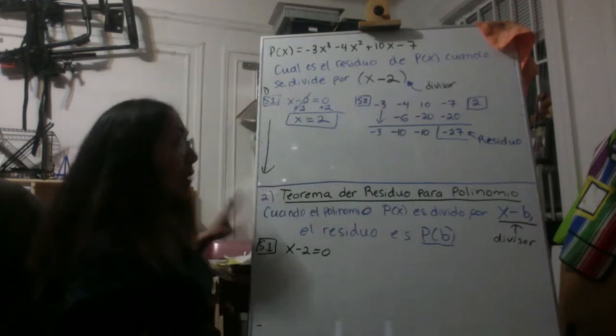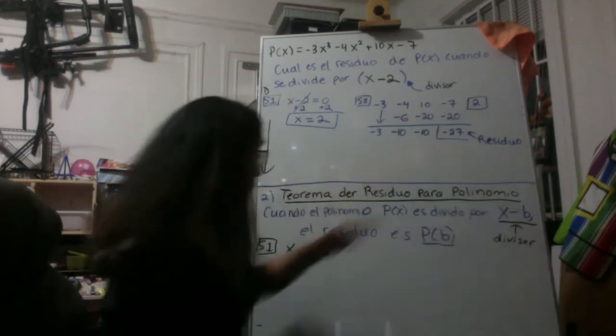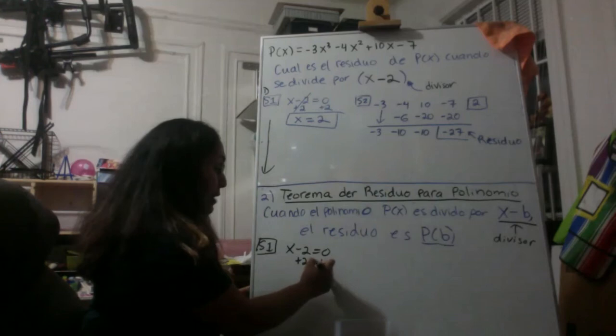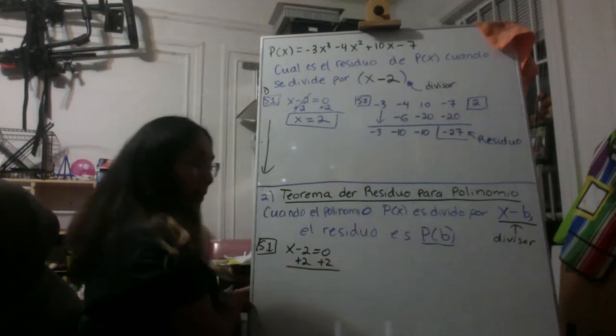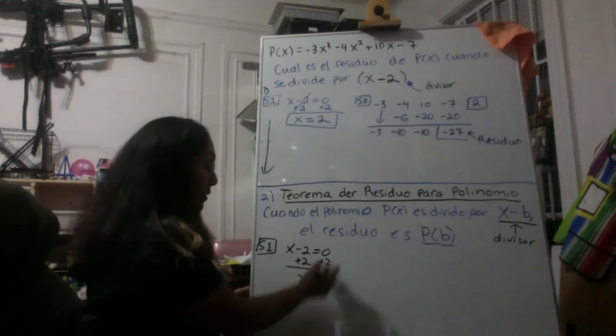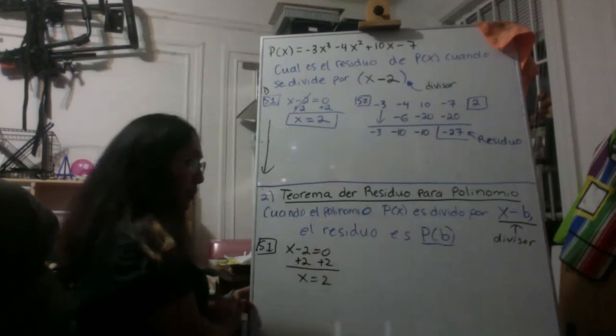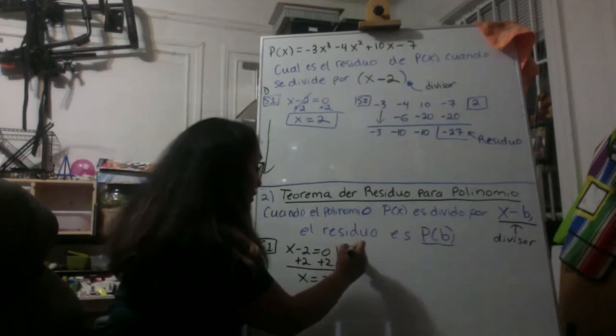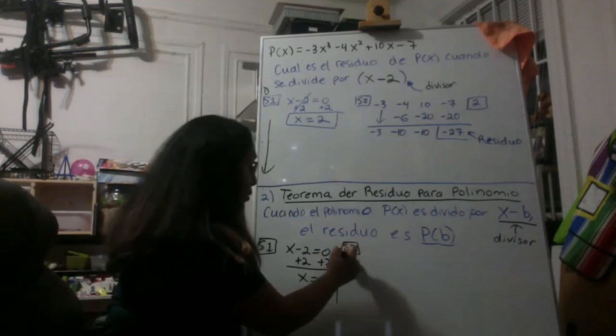Y van a ver que me da el mismo resultado. Tengo x menos 2 y quiero resolver por x usando la operación inversa. Entonces me da x igual a 0 más 2, positivo 2. ¿Ok? El mismo paso.